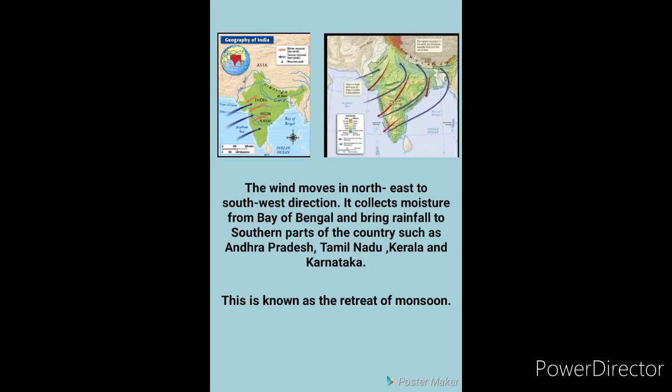The wind moves in northeast to southwest direction. It collects moisture from Bay of Bengal and brings rainfall to southern parts of the country such as Andhra Pradesh, Tamil Nadu, Kerala and Karnataka. This is known as the retreat of monsoon.